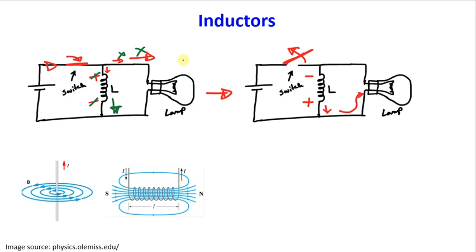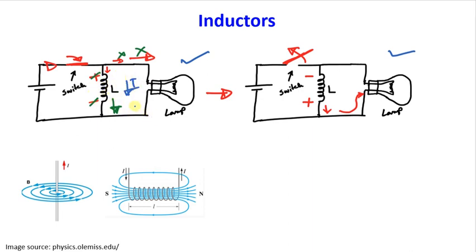However, please remember that all these instances that we have discussed so far will happen very quickly. One more thing: suppose through this inductor, when the switch is closed, a current of magnitude I was flowing.